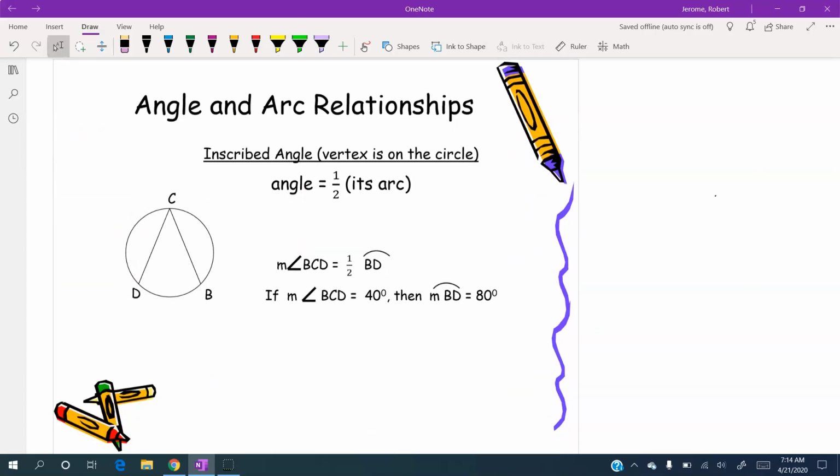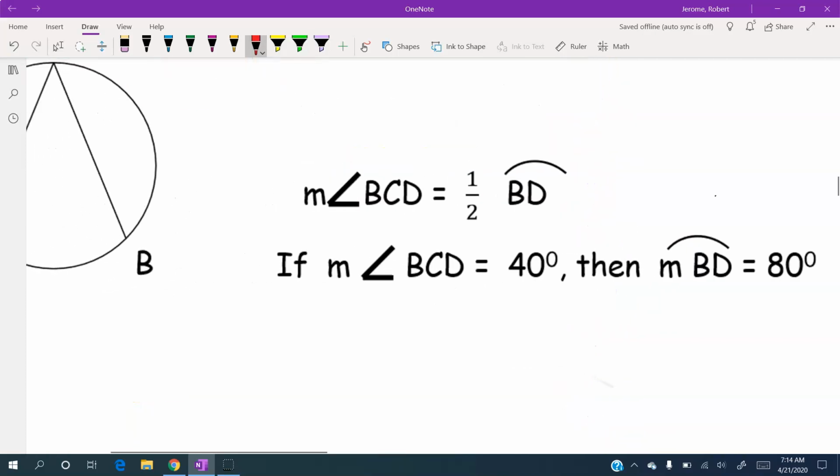And for inscribed angles, we have a formula. Our formula right here: angle is half the arc. So it's not something super challenging as a formula. We can look at this quick simple example here.